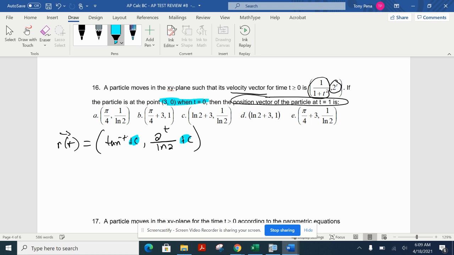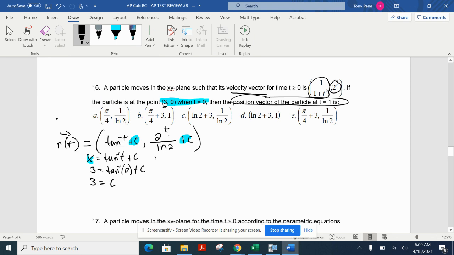That's what this information was given to you for. So this again is x. And what we know is at the time of 0, our x position was a 3. The inverse tangent of 0 is 0, so that c is a 3.